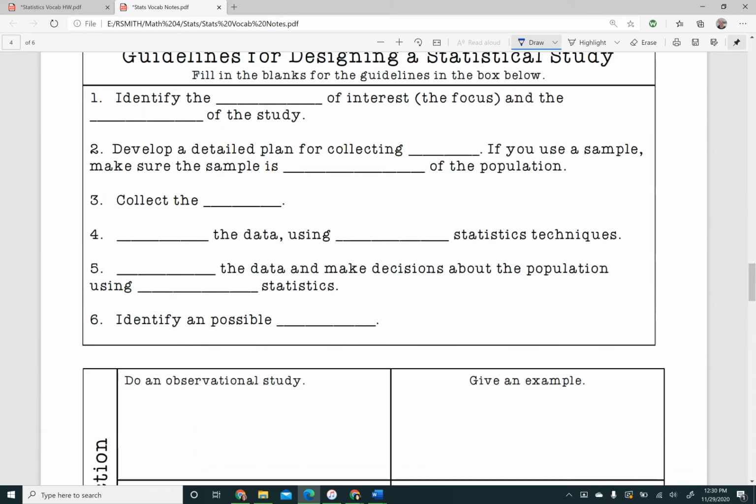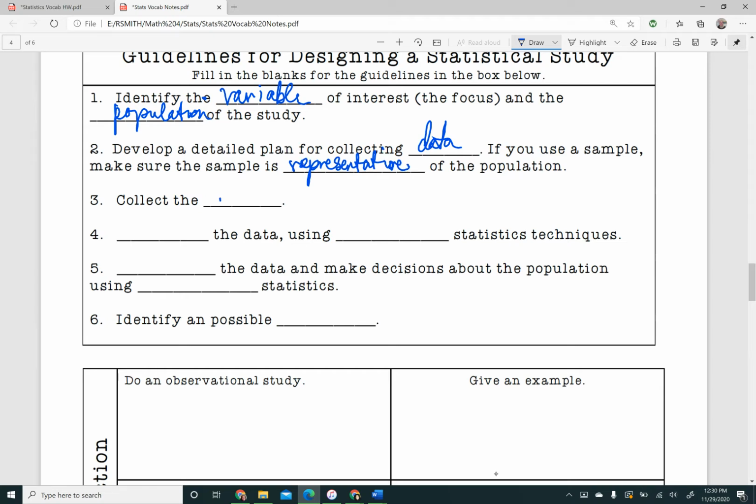So what are things that we need to consider if we're going to design a study? So first, we need to identify the variable of interest, the focus, and the population of the study. Then we're going to develop a detailed plan for collecting the data. If you use a sample, make sure the sample is representative of the population. That means it's not skewed or biased, representative.